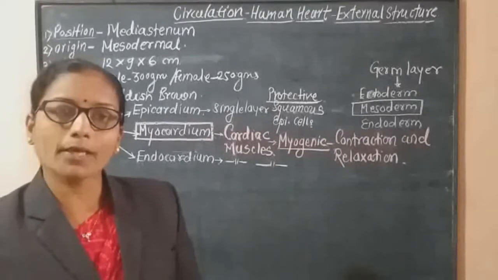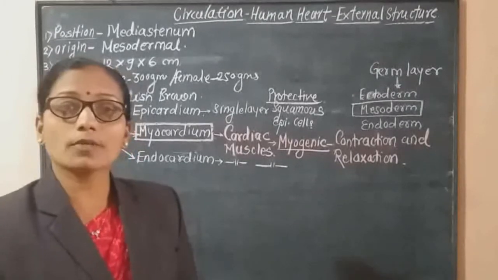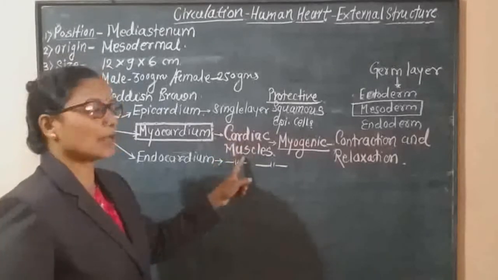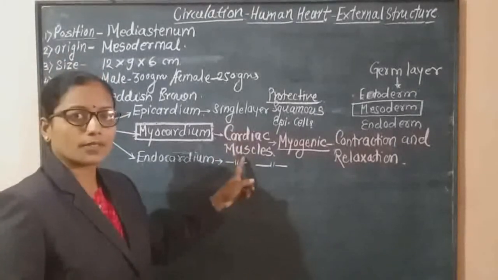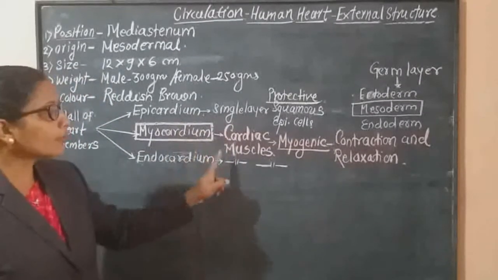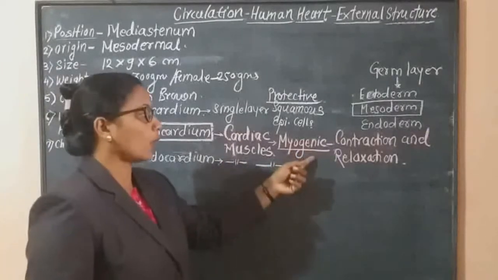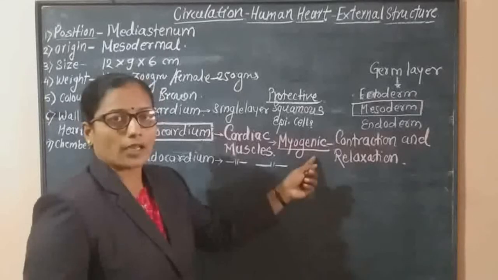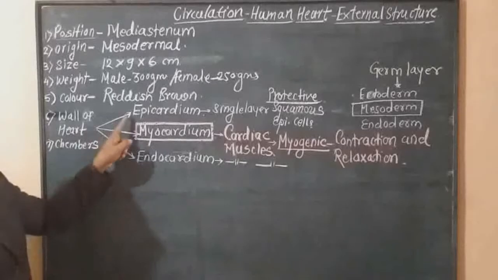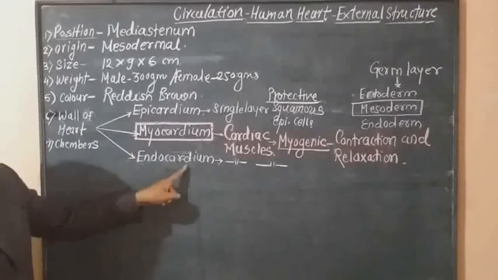Now this pumping action is due to contraction and relaxation. Who is responsible for this contraction and relaxation? The cardiac muscles. Where are these muscles present? They are present in the myocardium, and due to the presence of cardiac muscles, the human heart is called myogenic in nature. In this way, remember, the wall of the heart consists of 3 layers: epicardium, myocardium and endocardium.